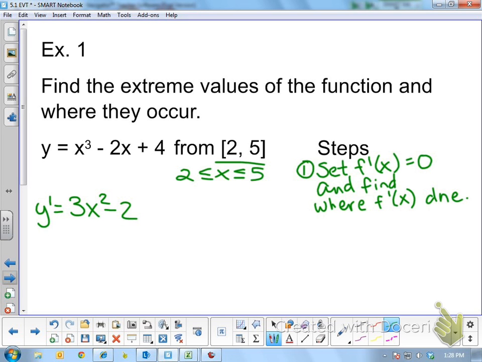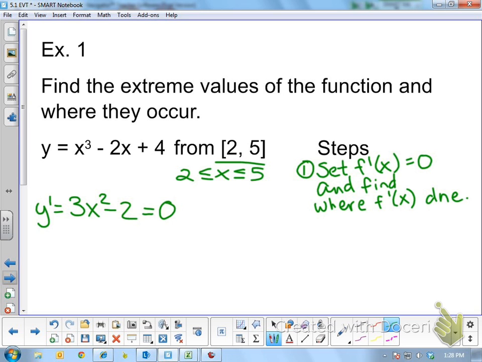Especially when it's to the third. I don't know why we forget that most often. So 3x squared minus 2. And what did we want to do with this derivative? Set it to 0.